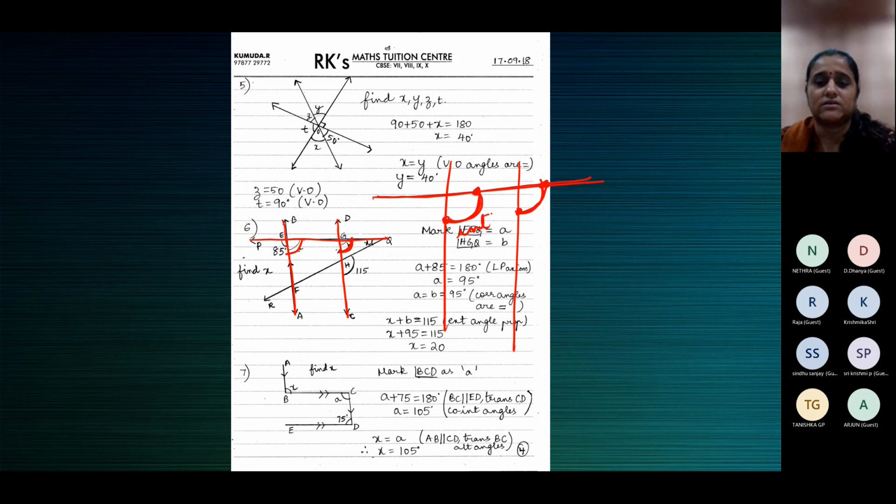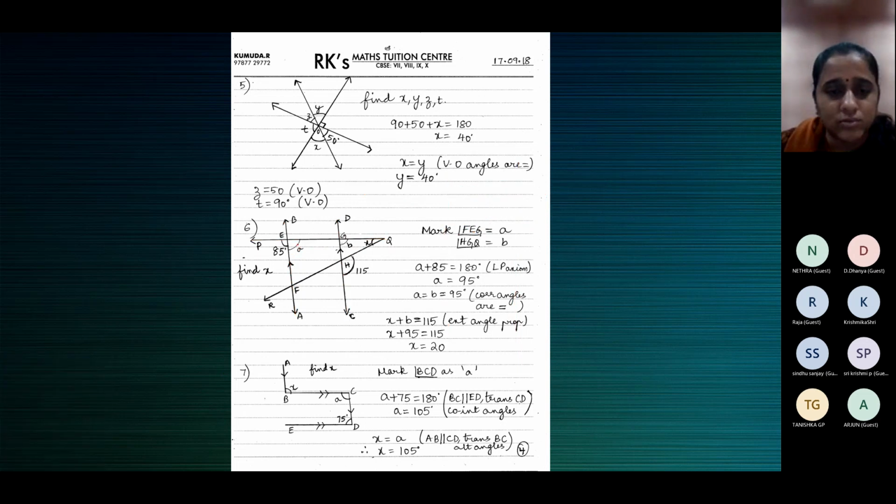This is interior. This is the exterior angle. Both of them are on the same side of the transversal. They are corresponding angles. So by that definition, you can see here, from the parallel line till the transversal, A. Parallel line till the transversal, B. Same side. One is exterior, one is interior.